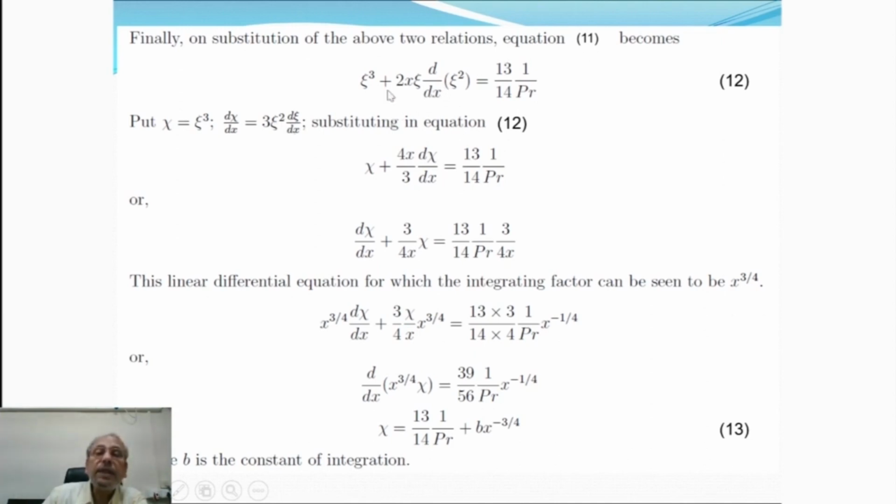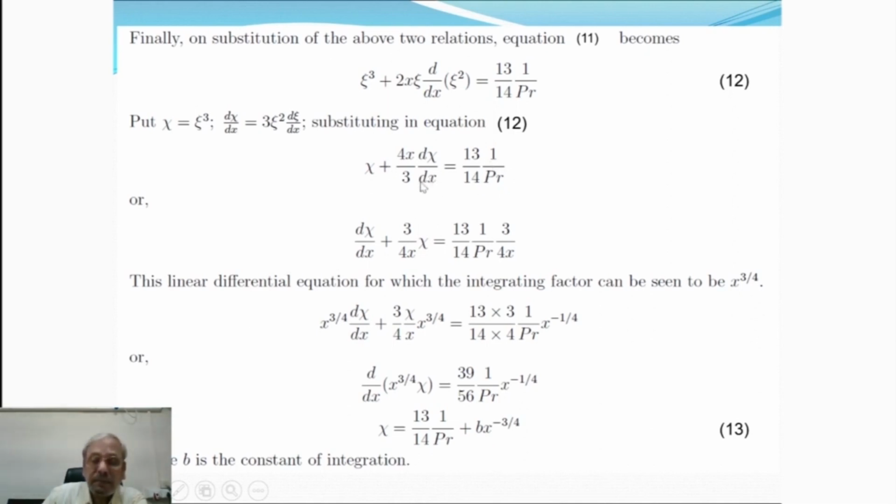And then if we substitute in equation 12, we will get χ plus 4x/3 dχ/dx equal to 13/14 1/Prandtl number.